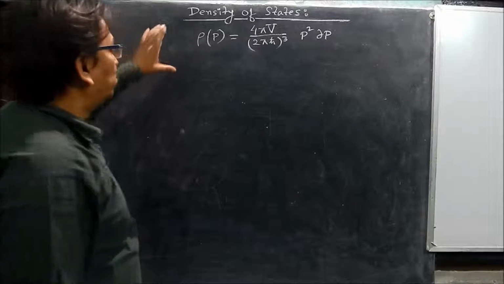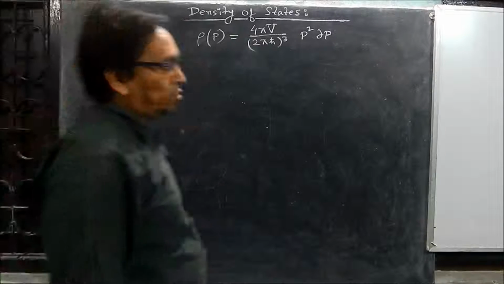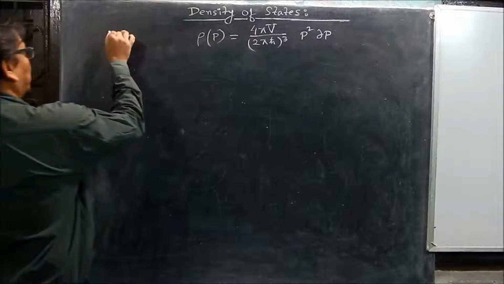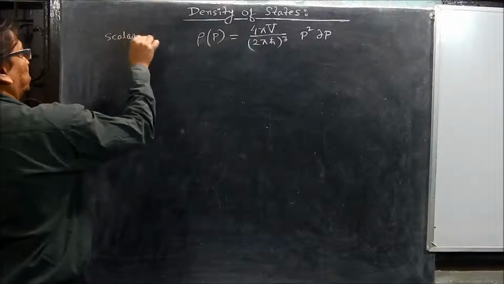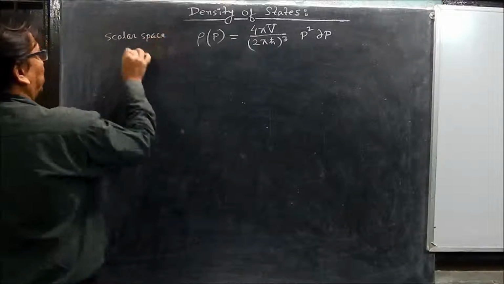So this was the formula that we got for the scalar space of momentum.